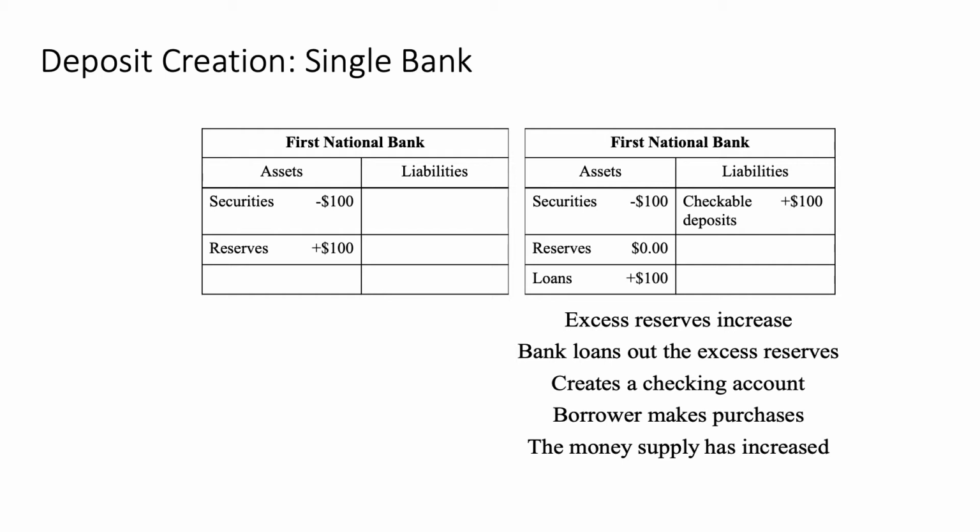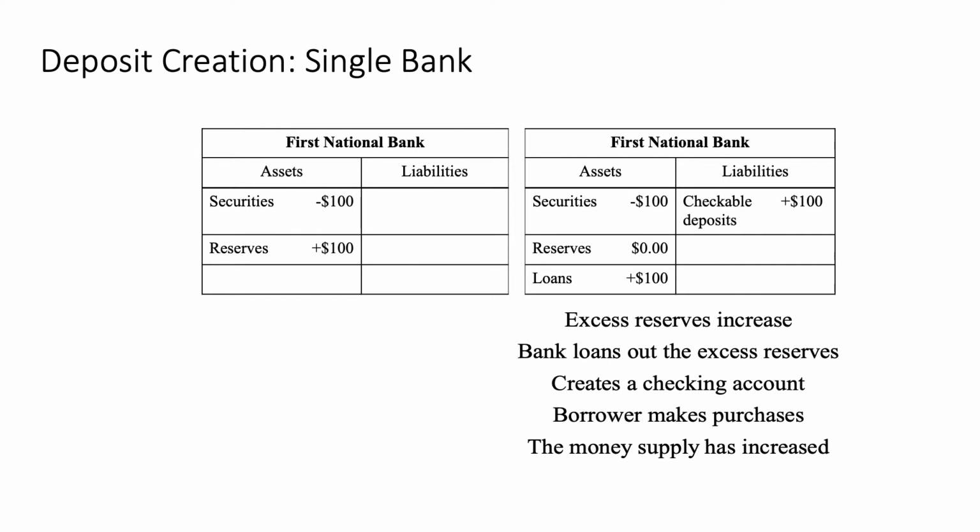And so the Federal Reserve purchased a security from this bank, and the bank lost one of its assets to the tune of $100. And the bank was compensated for this open market purchase with a liability on the Federal Reserve. And that liability on the Federal Reserve is counting in the asset column of our First National Bank. They now have $100 in reserves here, right?